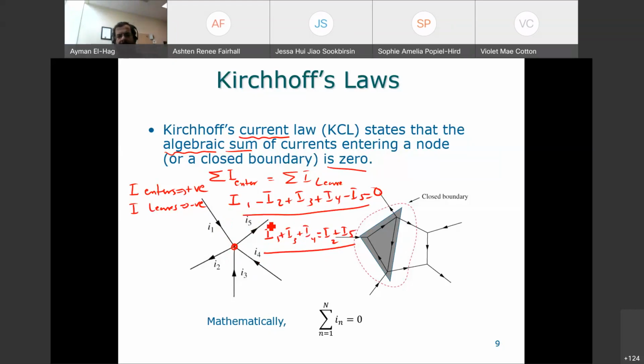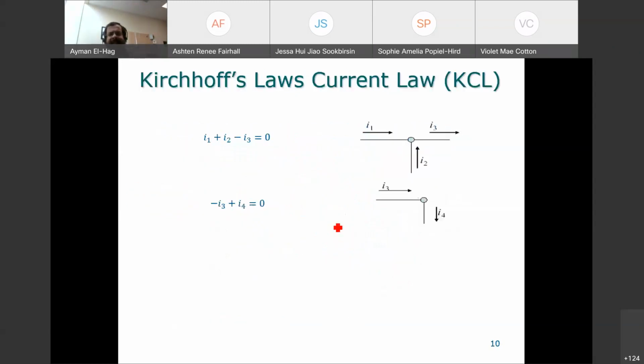I1 plus I3 plus I4 equals I2 plus I5. If I take this to the other side, I will have this. Or if I take the I2 and the I5 to the other side, I'll get this equation. So both ways are correct. It depends which one you are more comfortable with. You can say either the algebraic summation of the currents is equal to 0, or current entering the node equals current leaving the node. Both will give you exactly the same thing.